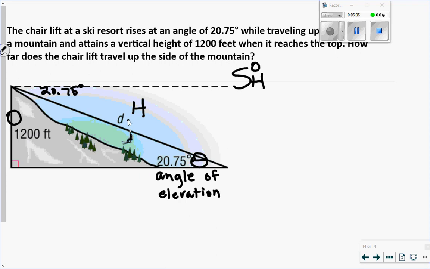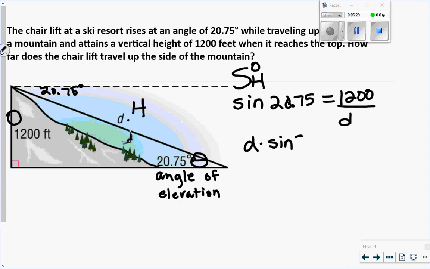We know theta, so we don't have to use the inverse here. So O is 1200, H is D. So when we cross multiply, we get D times the sine of 20.75 degrees.